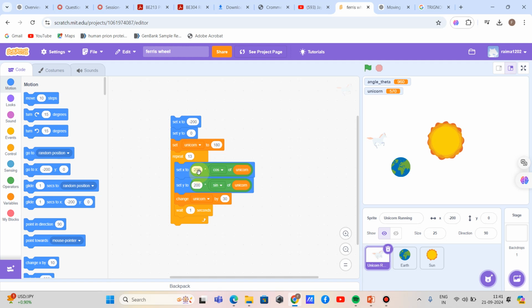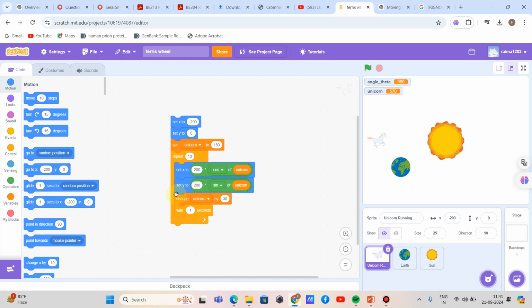So it's 200 into cos 180 degrees, which is minus 1, giving minus 200 comma 0, where I have fixed the unicorn. Then for the y coordinate, 200 into sin 180 degrees, which is 0.